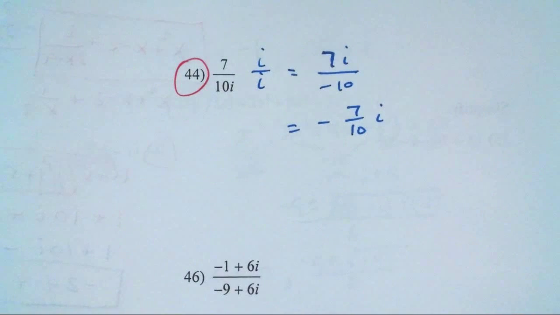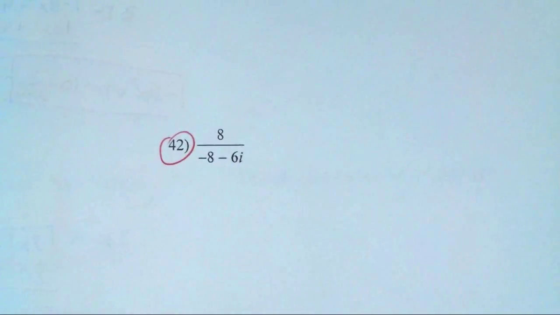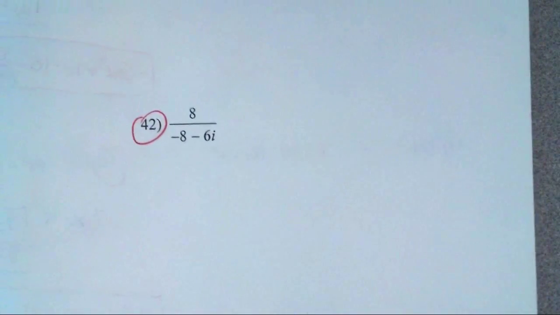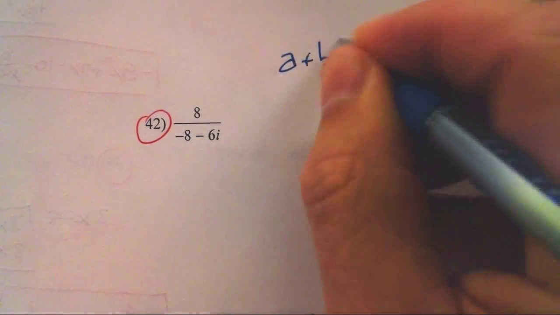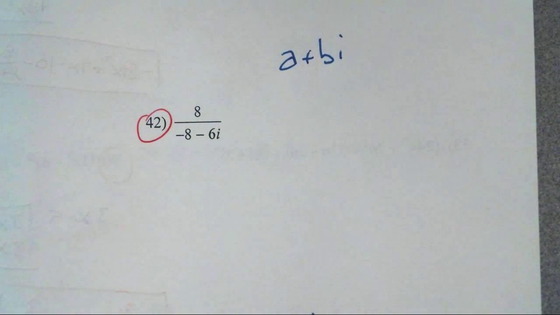Now, back up to 42, a little bit tougher. So a plus bi is the standard form of these. I think maybe once or twice when we were dealing back in the mechanics for chapter 1, I talked about conjugates.